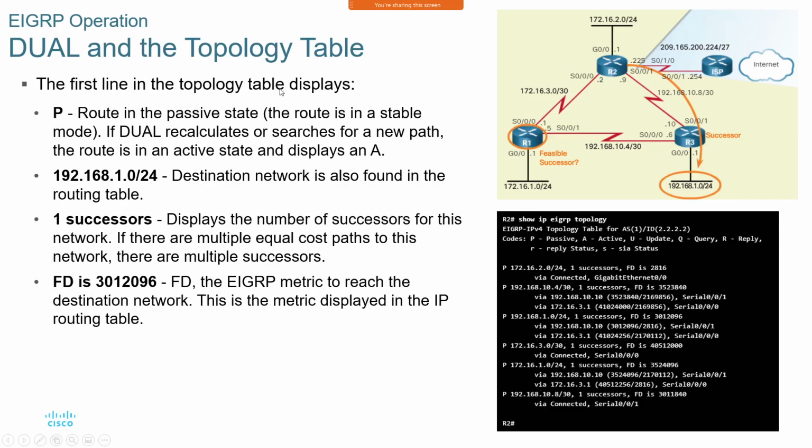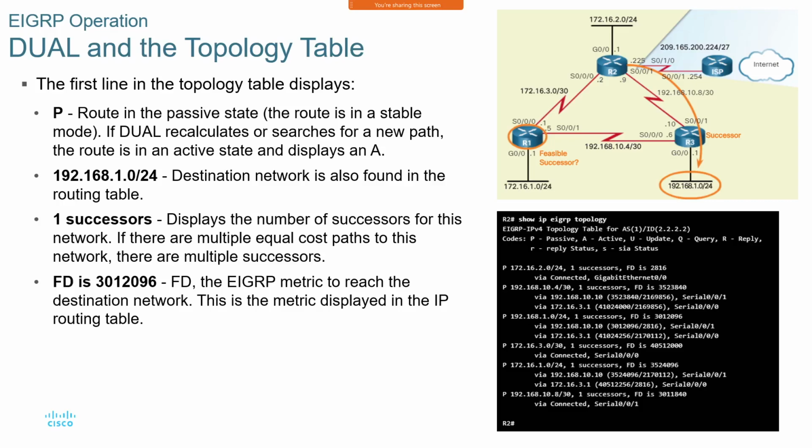Now, the first line in the topology table displays P routes, which are basically passive routes. Now, passive in EIGRP is not a bad thing. It's actually a good thing. It means that everything has converged. All the calculations have been done. So P in EIGRP is a good thing.